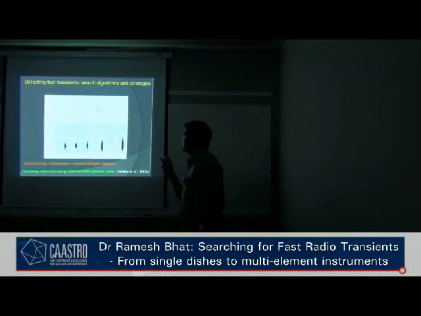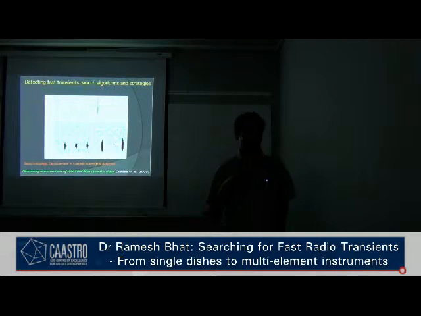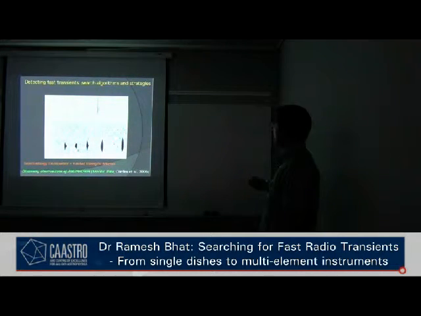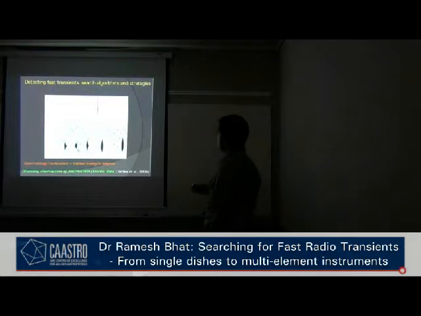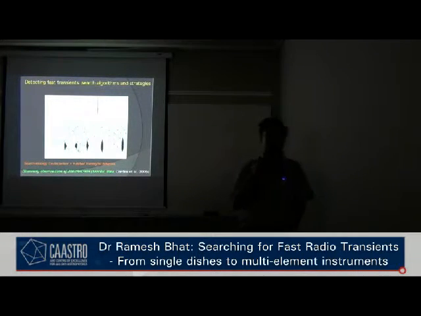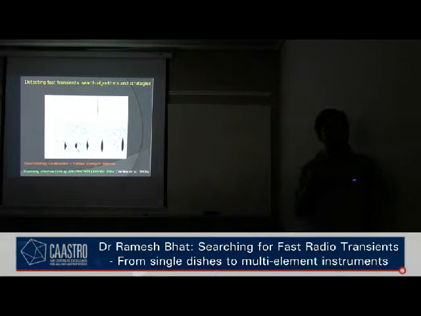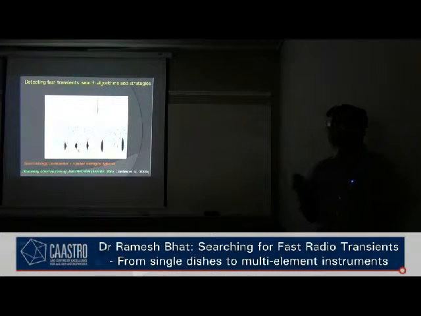So I'm just giving an example of how we have been doing this with large single dishes like Arecibo and Parkes. So basically you search in the dispersion measure and in the time domain, but to detect the signal you use so-called matched filtering. Which is essentially, in some sense, like looking for different pulse shapes, but in practice, we don't do anything that complicated.